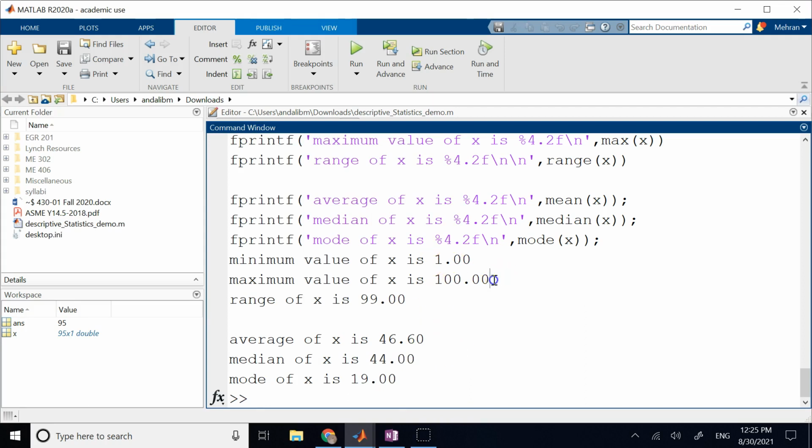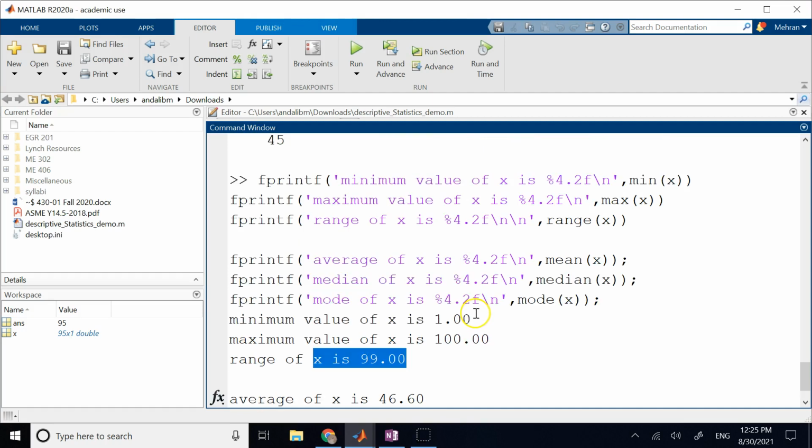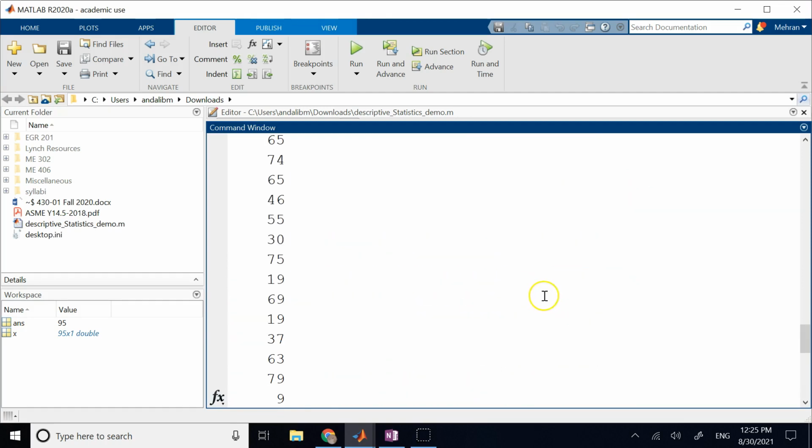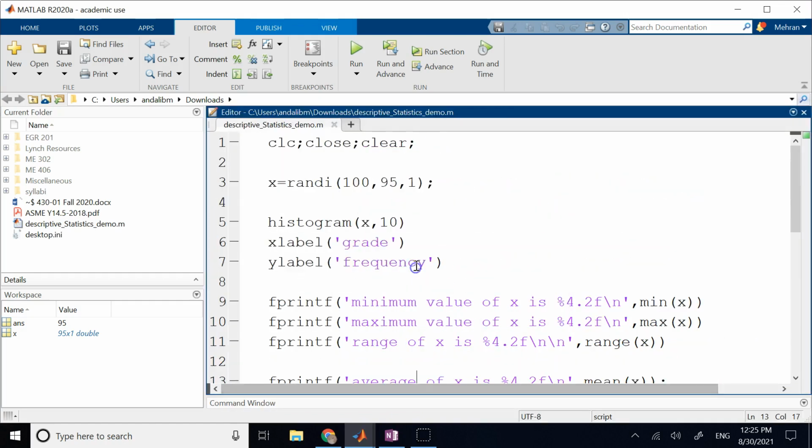Minimum is 1, maximum is 100, range is the difference between them, which is 99. So we have all of these commands, min, max, range, mean, median, and mode, and we have the command histogram in MATLAB that can help you with your statistics. Again, you can provide the number of bins or the range for the bins, the min and max of each bin.